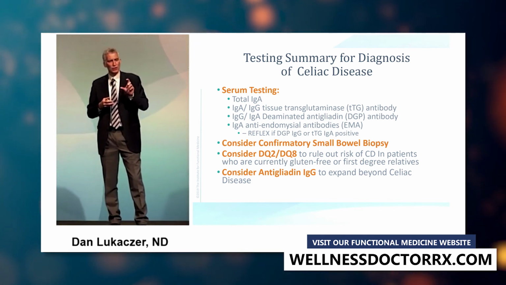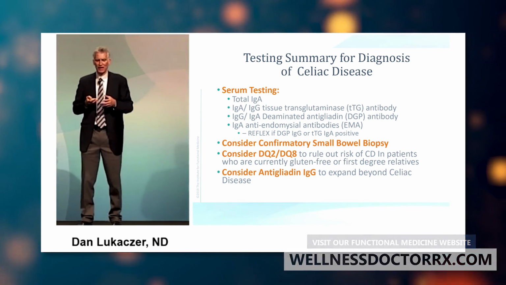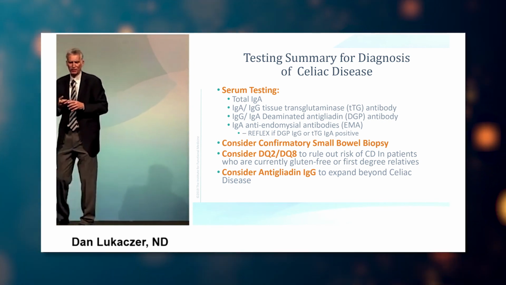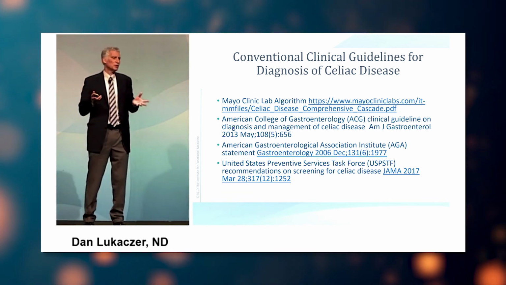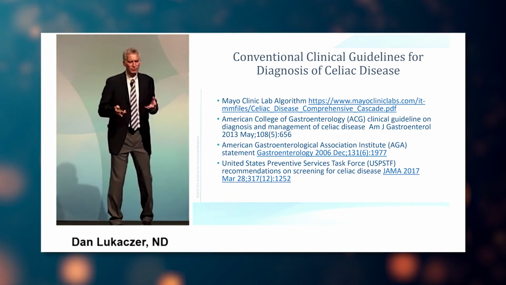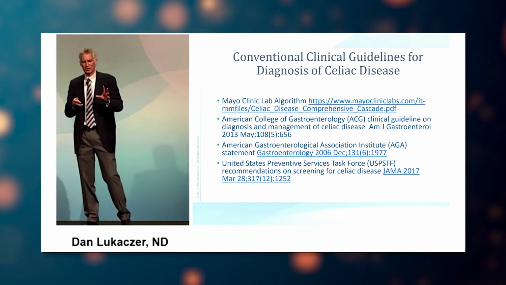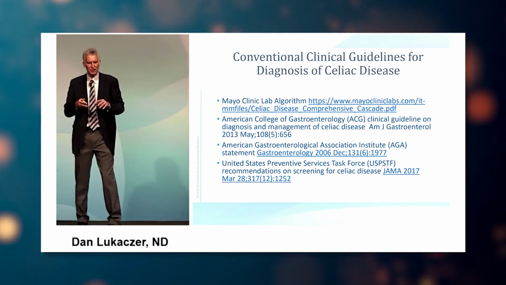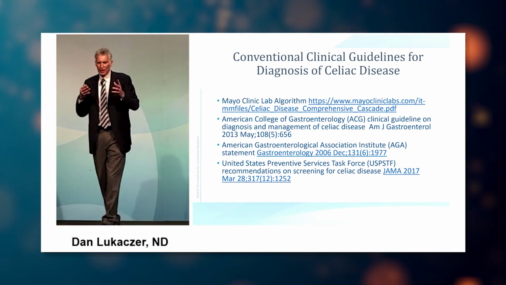And then I do use anti-gliadin IgG to expand beyond the conventional celiac panel, as I mentioned. There are all sorts of algorithms I've shown you here from the Mayo Clinic, the American College of Gastroenterology, the American Gastroenterological Association Institute, and the United States Preventive Services Task Force.